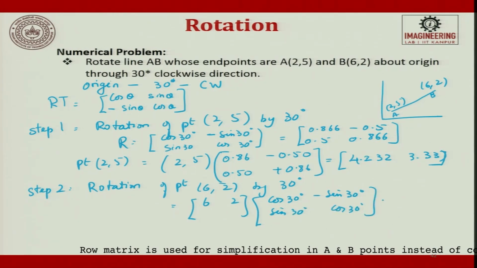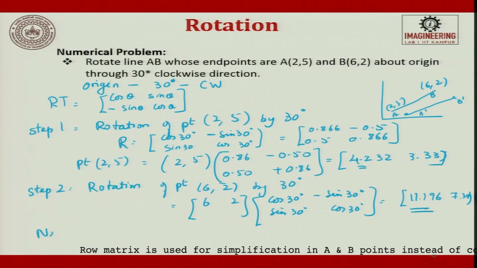If you substitute all the values and do the multiplication, finally what you will get is 11.196, 7.39. So, AB will now be moved to A dash and B dash. So, these are the new points.